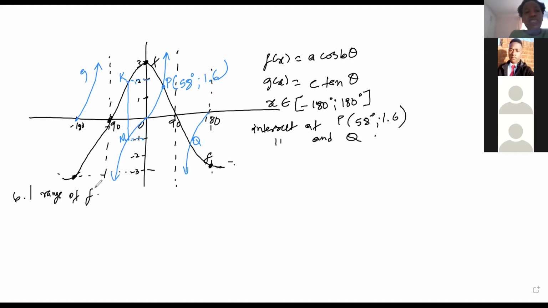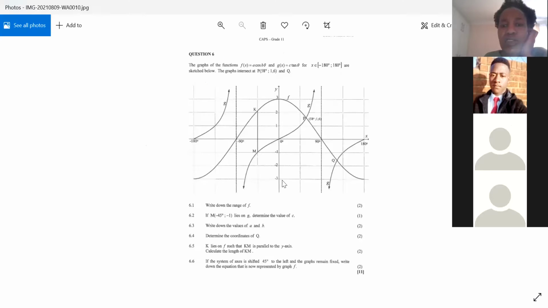Range of f. The range is the y value. So y is an element of the cosine graph's values. Maybe I did not give the graph the proper view. If we look at where the graph starts, it starts at -3 and ends at +3.